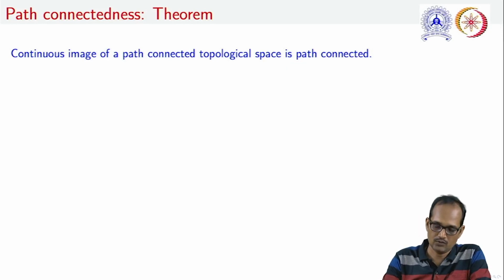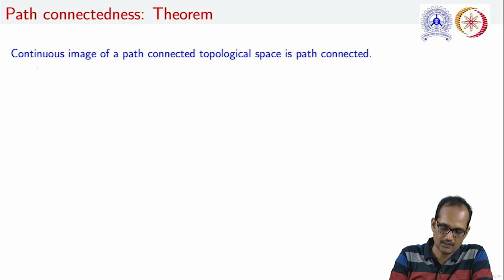In order to justify it, what we have to show is that, let us take a continuous function f from a topological space (X, τ) to (Y, τ'). This function is given to be continuous, and this X is path connected.